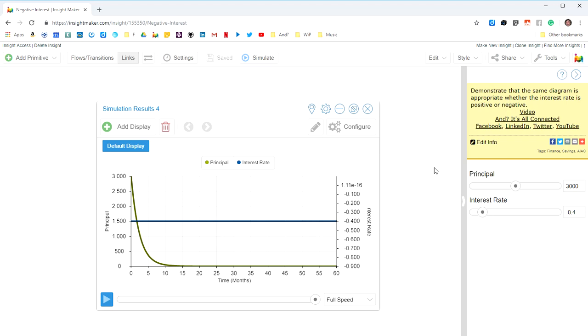So that now if you actually went ahead and varied the interest rate over time, so at times it was positive and times it was negative, this would migrate back and forth depending upon how you define that interest rate.